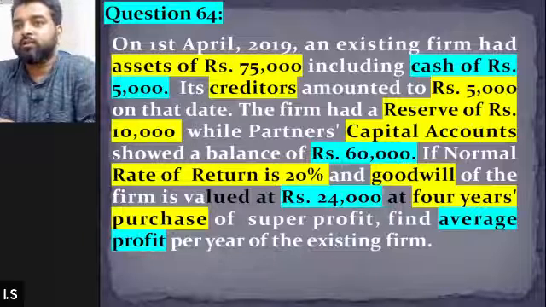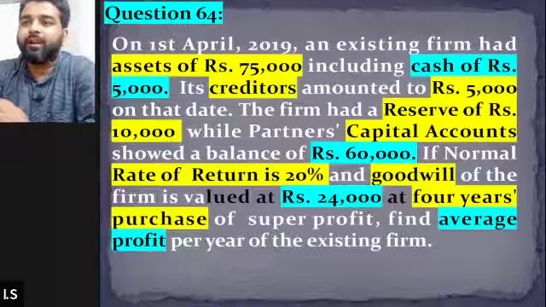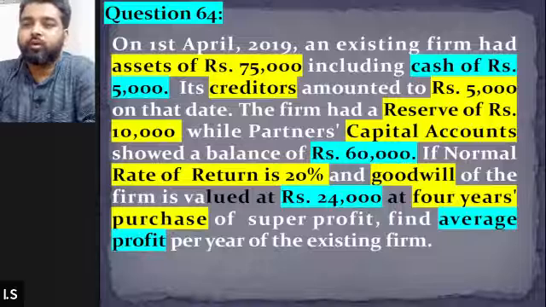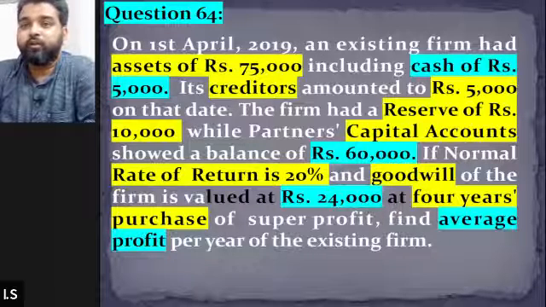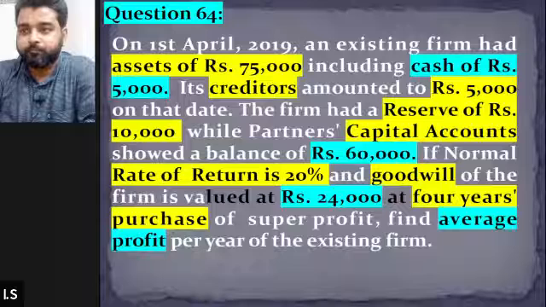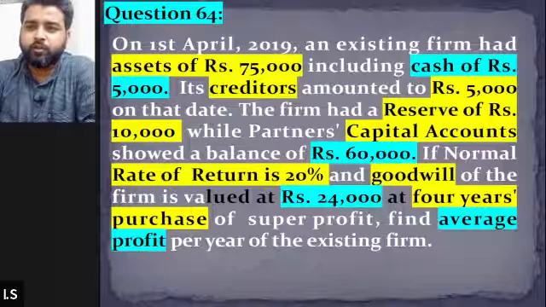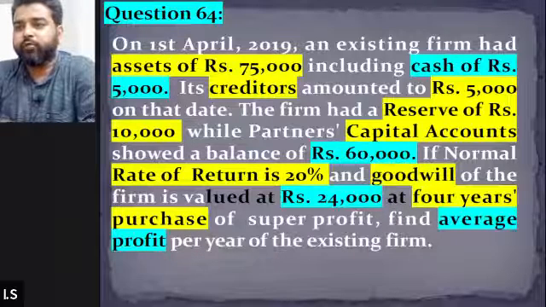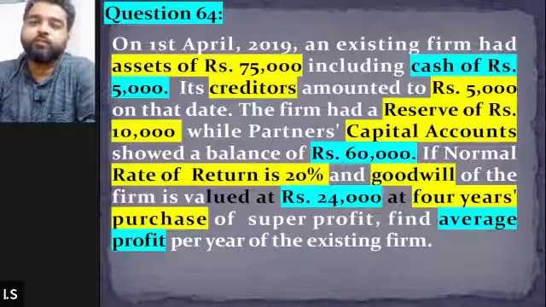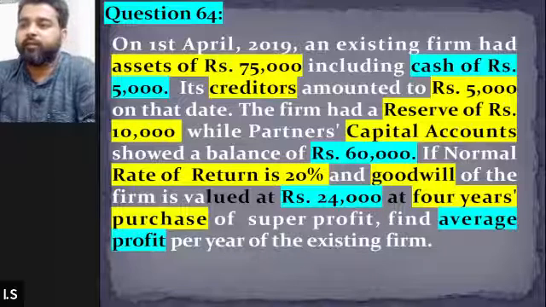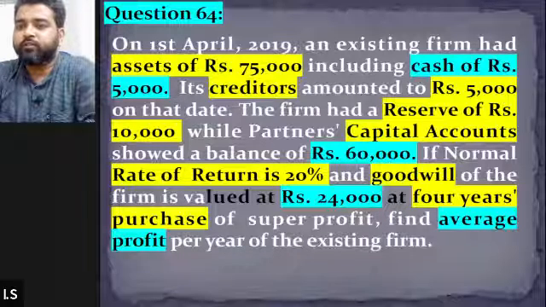The firm had a reserve of rupees 10,000, while partners' capital account showed a balance of rupees 60,000. If the normal rate of return is 20%, goodwill of the firm is valued at rupees 24,000 at 4 years purchase of super profit, find the average profit per year of the existing firm.